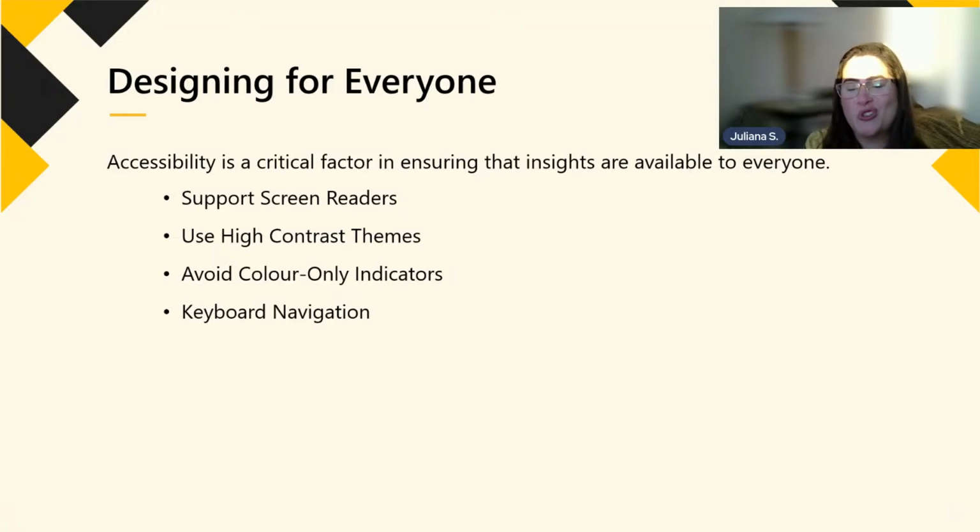And for that, they also need to have a logical tab order. The tab order is the order it goes when you navigate a report by using the tab key. And it should match the order in which you expect your user to consume the report. So we have to manually check if the tab order is correct, and if it's not, we need to adjust it.